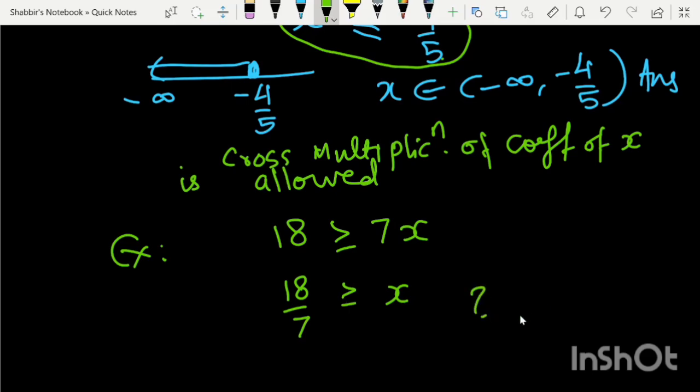Is it right? I have shifted this positive 7 by cross multiplying, which was a coefficient of x, and it came to the denominator. So yes, we can. This is correct.